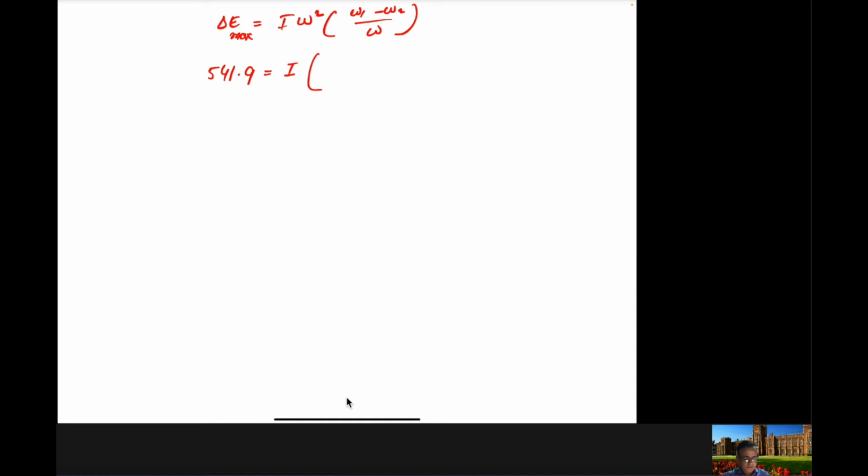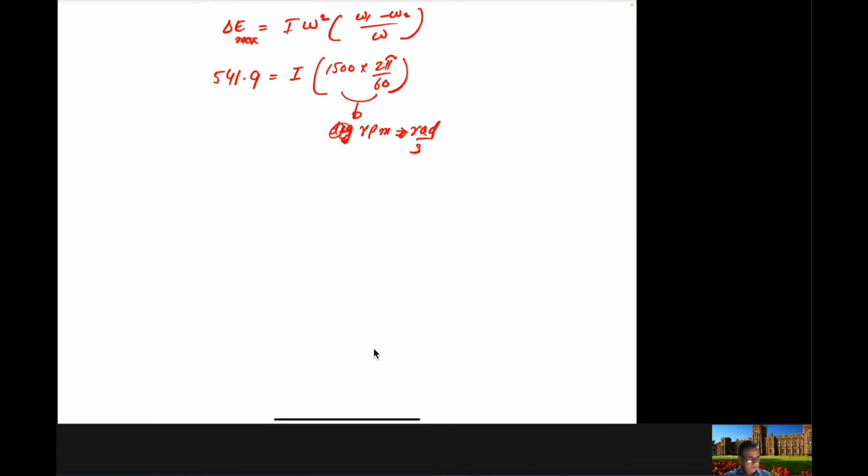So we are given that it is 1500 rpm. So you need to convert the 1500 into radian per second. So rpm, revolution per minute, will become 2 pi divided by 60. So this is the conversion from rpm to radian per second.